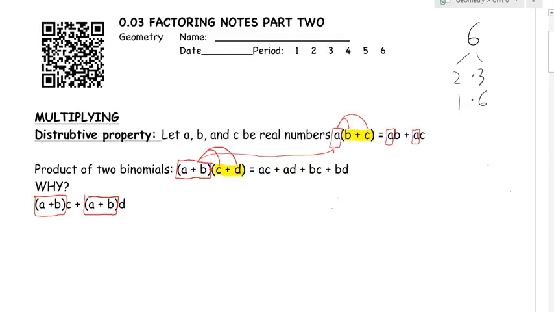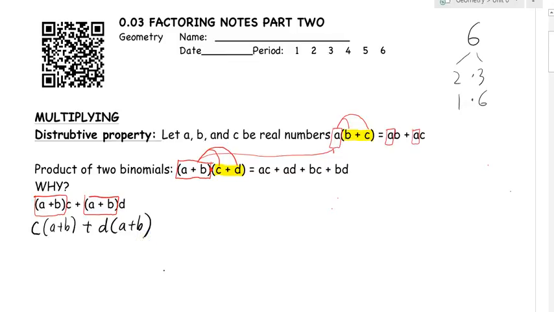Now you can rearrange those. Multiplication being commutative means you can switch it around so that it looks the way you want it to look.